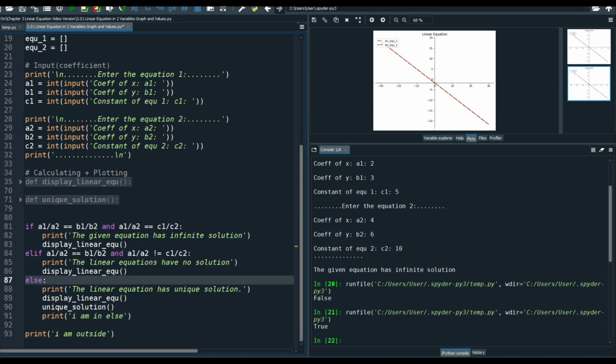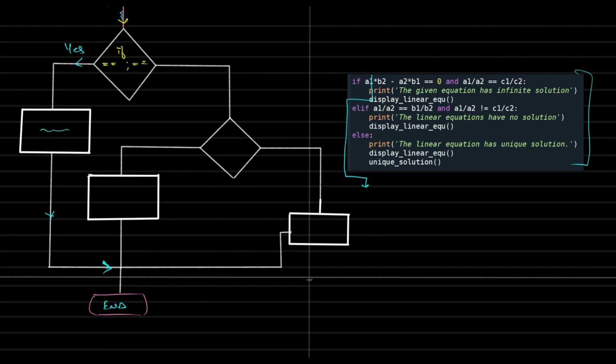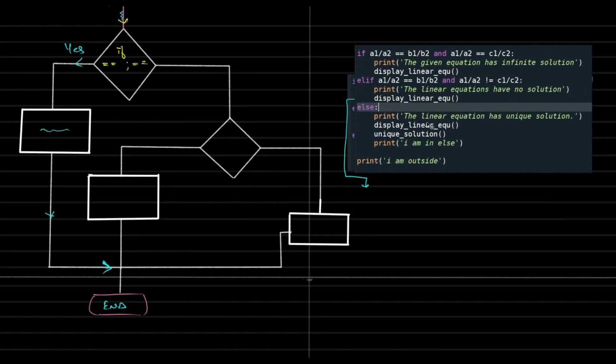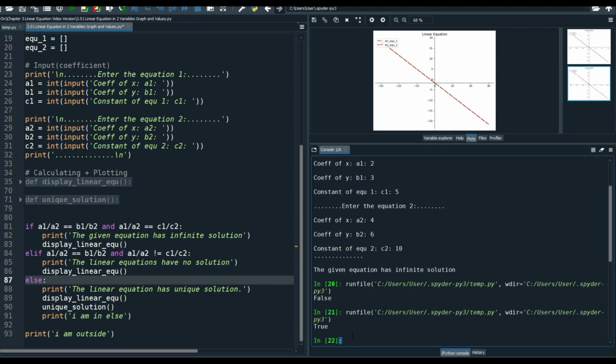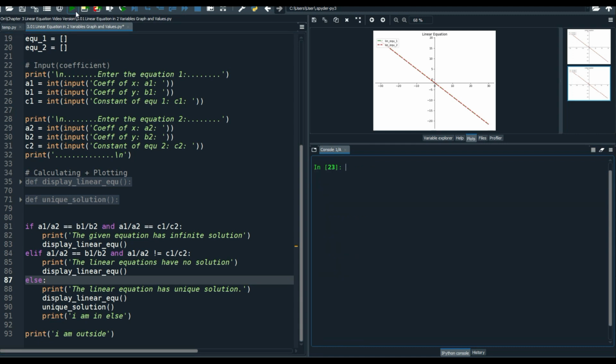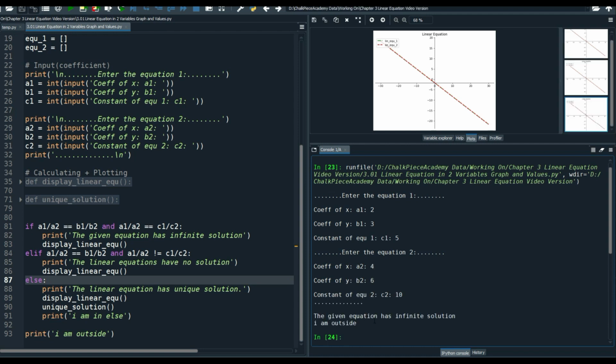So now my theory is this: if this condition is satisfied, this will jump out and whatever is there after else will start executing. So let me check this theory if it's true or not. I have to prove it to you guys, is it not? Okay. So 2, 3, 5 and 4, 6, 10. So the given equation has infinite solutions, and I am outside. So that's how the programming language works.